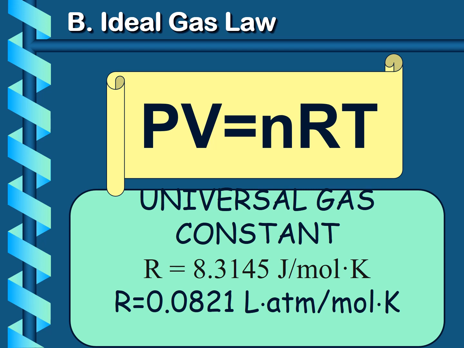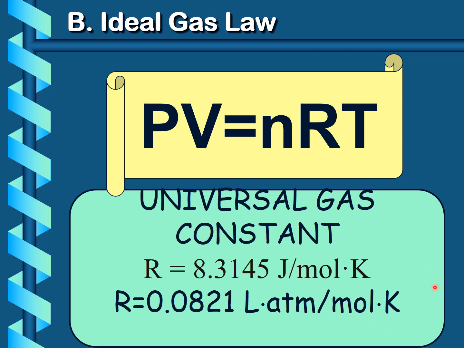So the ideal gas law introduces us to a new constant, which is the universal gas constant, with a value of 8.3145 joules per mole Kelvin, or that's equal to 0.0821 liter atmosphere per mole Kelvin.